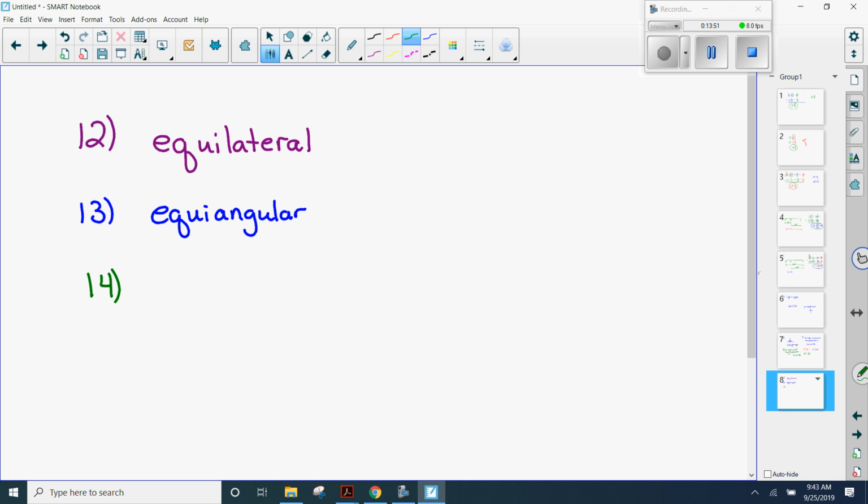What is the name of a quadrilateral that has two pairs of parallel sides? A rhombus is a special type. A rectangle is a special type. It was a bell ringer one day.